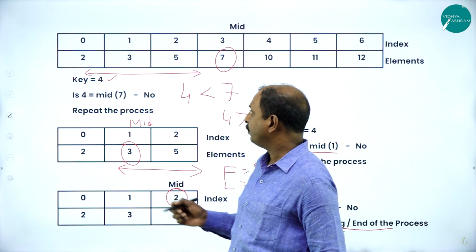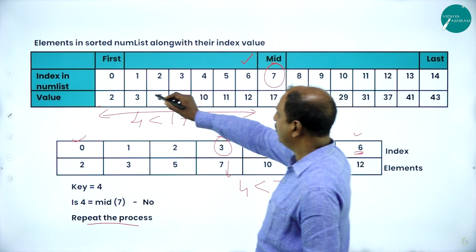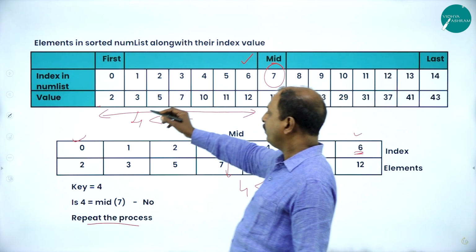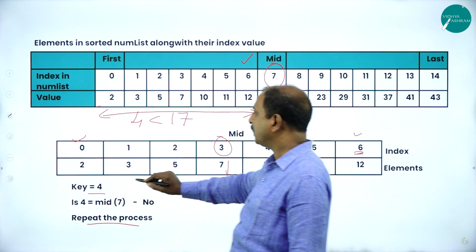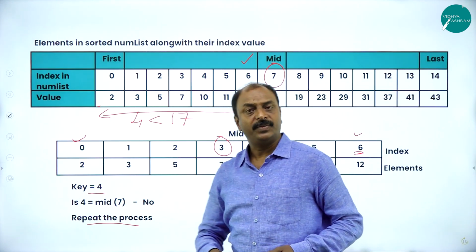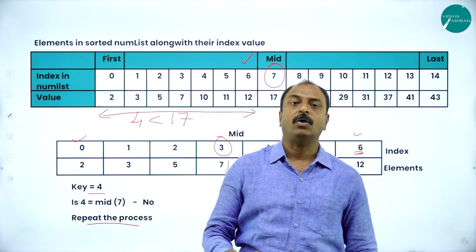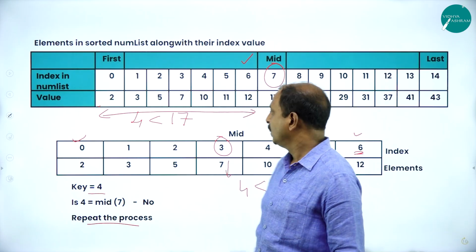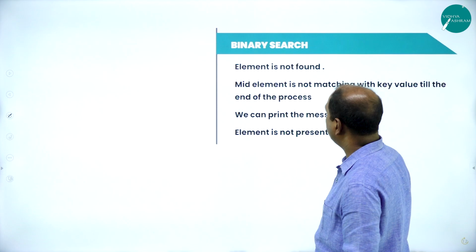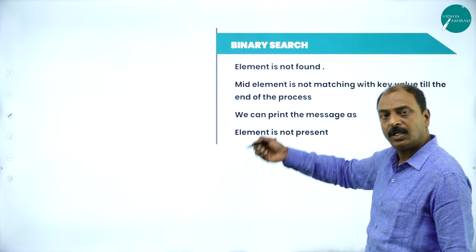In this example, from the beginning till the end of the given list, the element 4 is not matching with any element in the given list. So the element is not present in the given list. Finally, after this process, we have to print the message saying not successful.